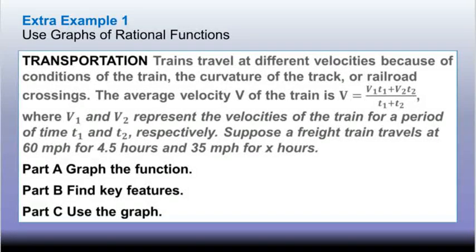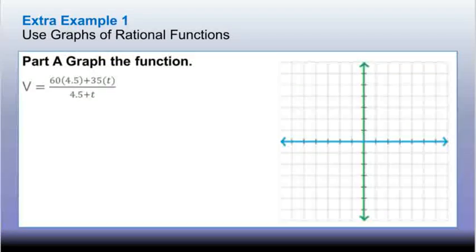So to create the function, I substitute the numbers in for our function here so you can see what we have. We're going to simplify that so then we can write that down. So 60 times 4.5 gives us 270.